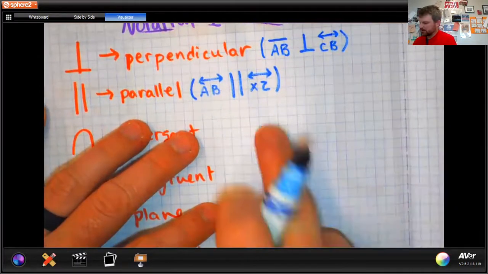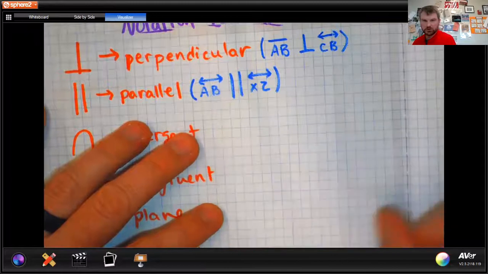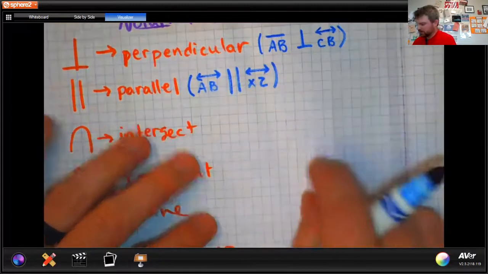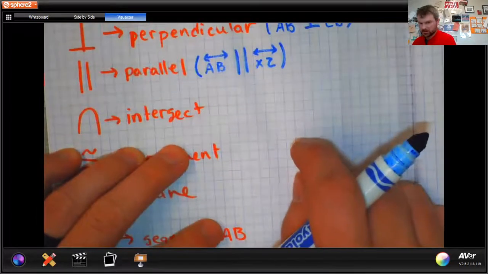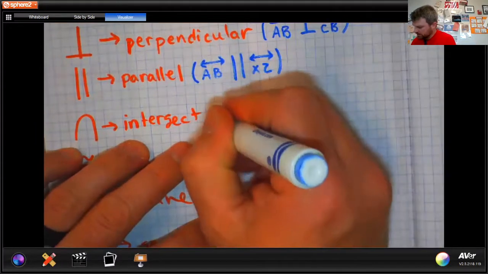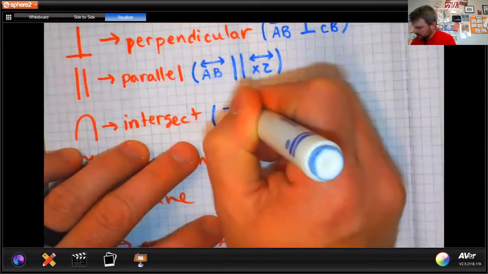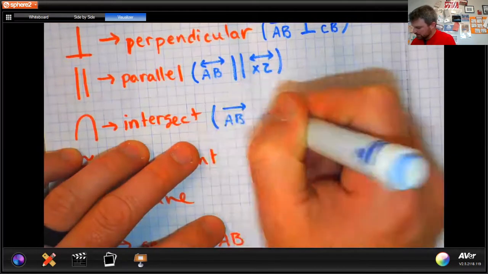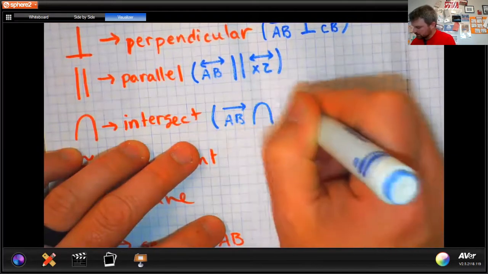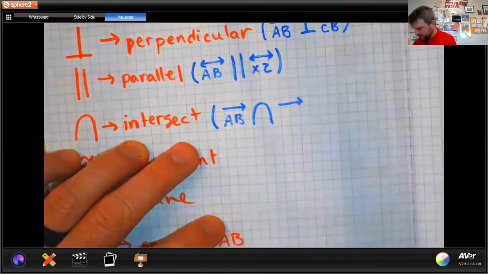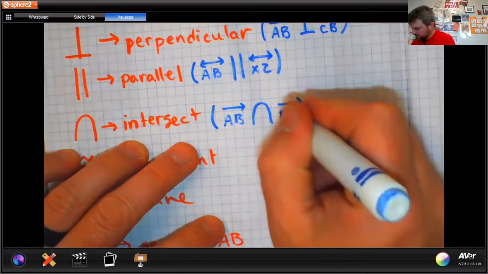For intersect, let's say I have ray AB intersects with ray BC.